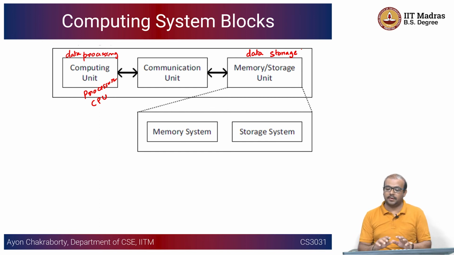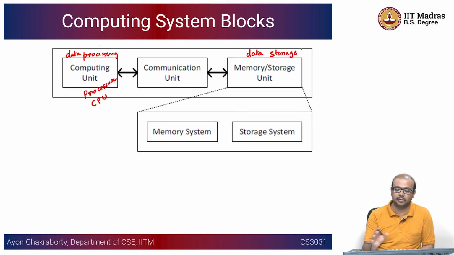There are vast varieties of such storage units, and we are not going to go into too much detail on this. Rather, we are going to get a high-level idea about all these different units. Then you have a communication unit, because you need communication to move the data from the storage to the computing unit.